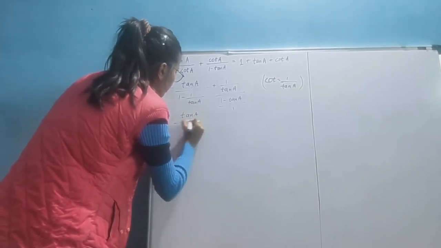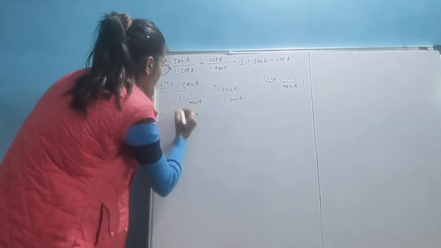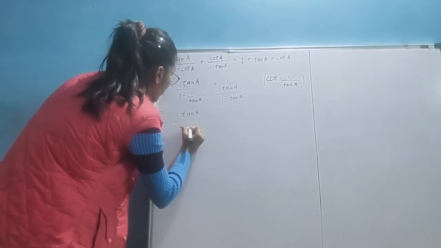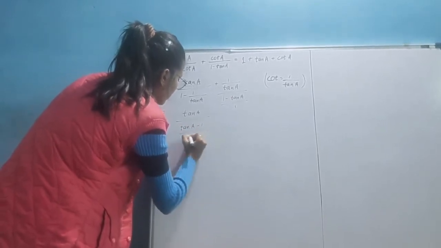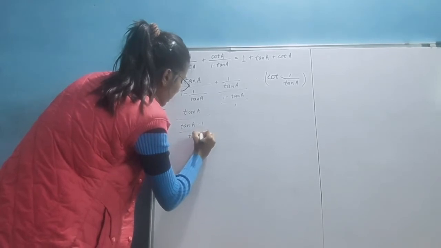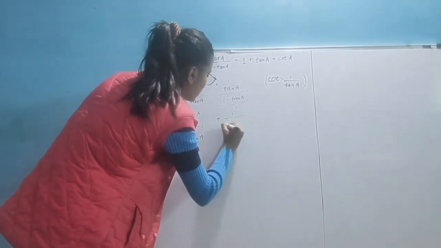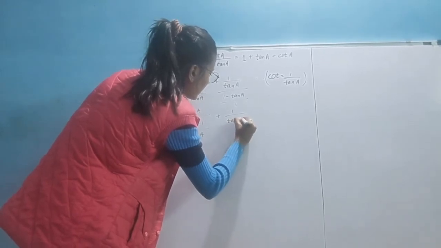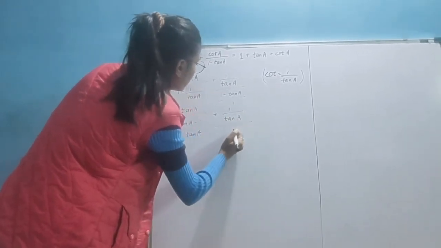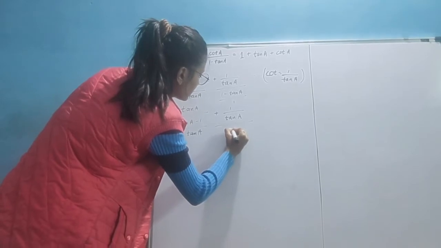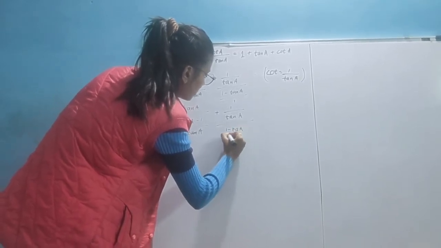Tan A minus 1 upon tan A plus 1 upon tan A upon 1 minus tan A upon 1.